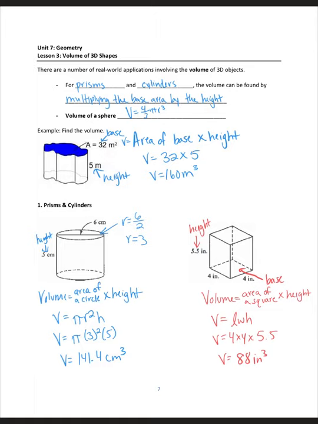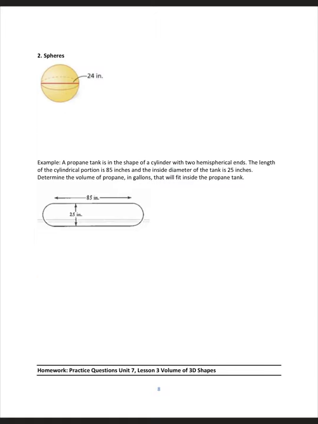All right, let's look at some more. So a sphere, this is that strange one we were talking about. So volume of a sphere, you can always refer to your formula sheet for these, 4/3 pi r cubed. We have to determine what is pi, what is r. We know our diameter is 24, so our radius is just going to be half of that.